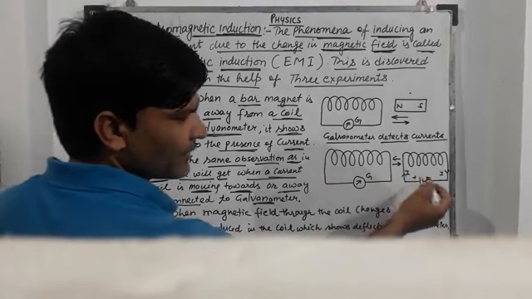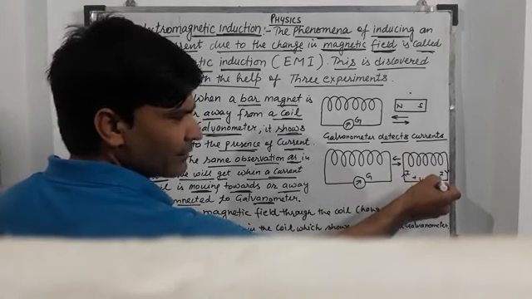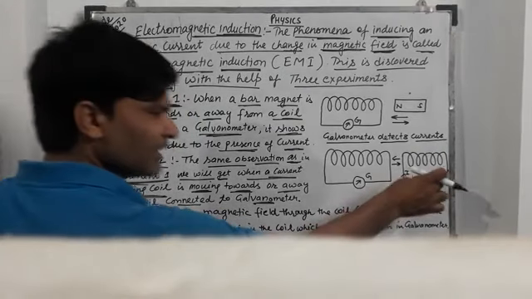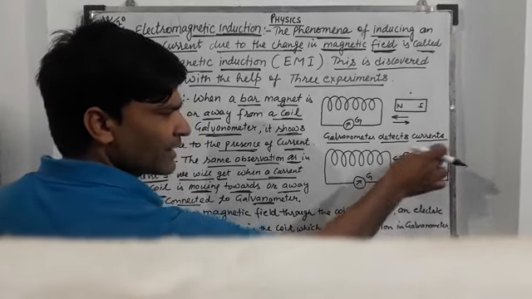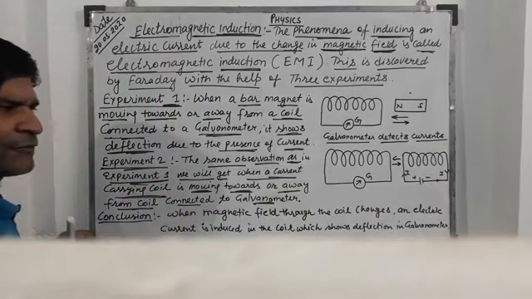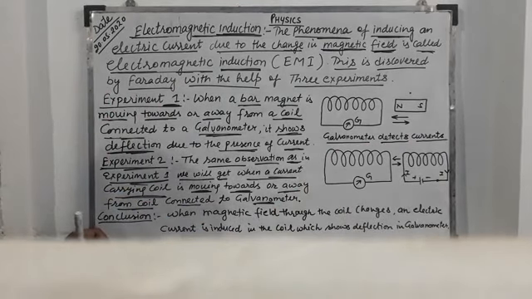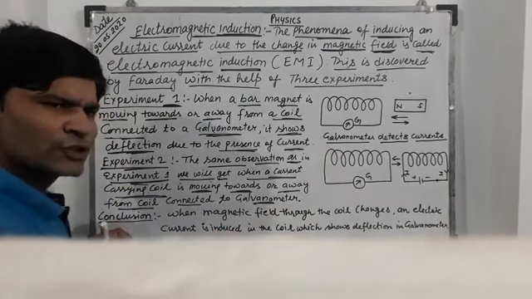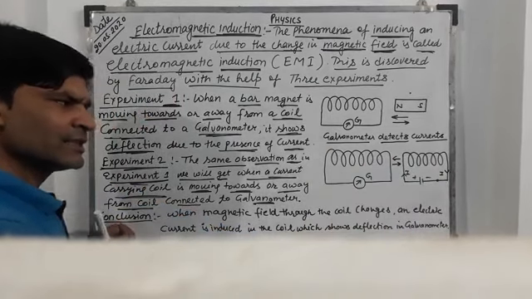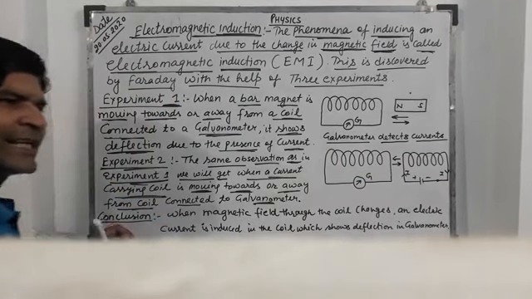Now the third experiment. In the third experiment we introduce a key in the current carrying coil. With the help of the key we change the current. Due to this, the magnetic field linked with the coil connected to the galvanometer changes, and the galvanometer shows deflection.